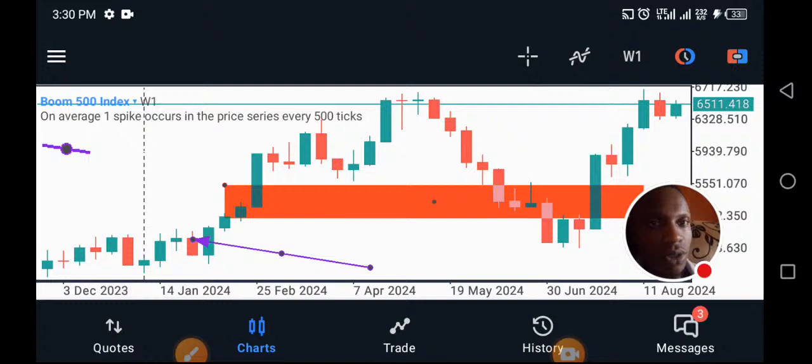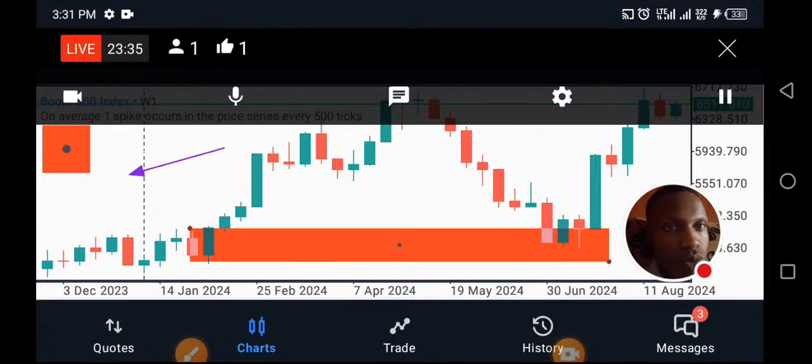Don't draw from the body up to the body down. Draw from the wick. And the reason is because the candlestick, number one, is a small candlestick. Number two, the wick is also very tiny when we compare the distance of the wick from the top to the body. It is tiny, so we want to draw out the whole zone. So that's the first thing we want to do.